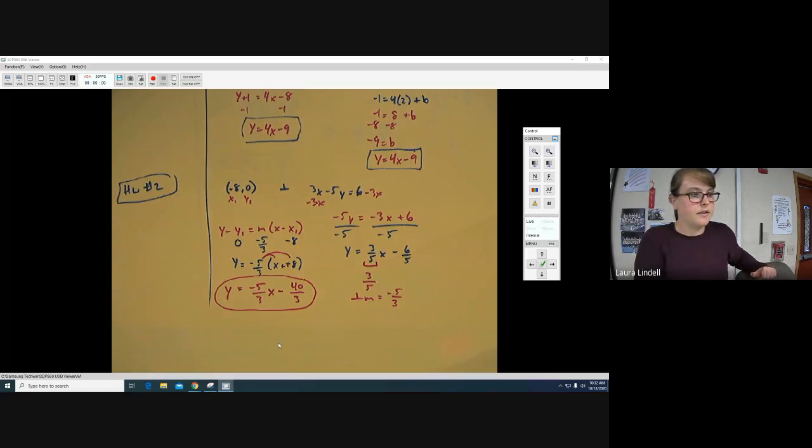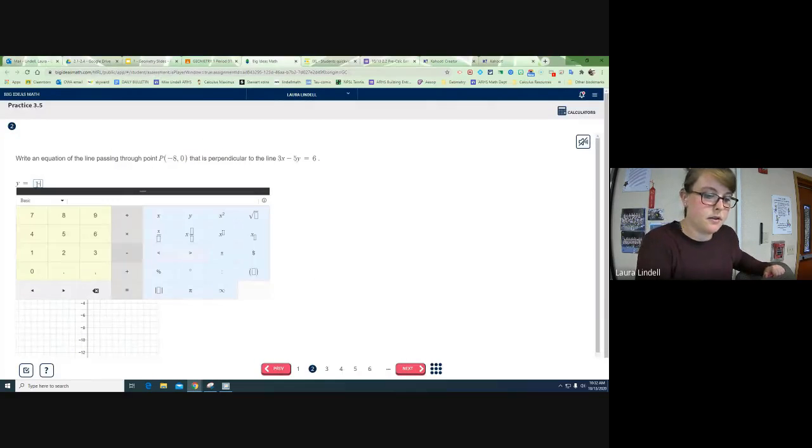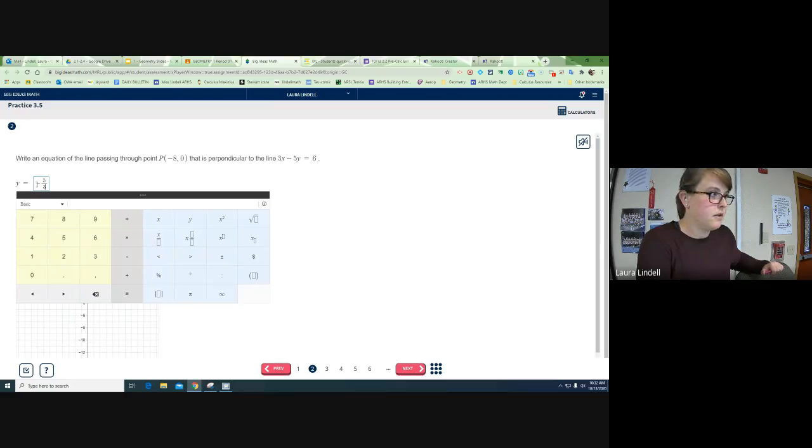Let's check it on big ideas. Make sure that when you do 5/3 as your fraction, you put the x next to it, not on the bottom of the fraction. That's a kind of typing error that we can get a lot here.